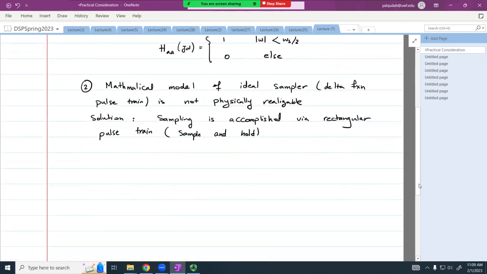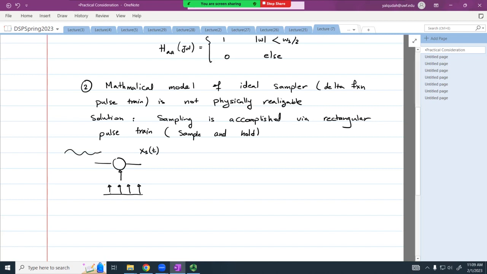What does that mean? Remember, when we looked at the sampling, how did we model the sampling? We had the continuous time signal, and then we multiplied it by an impulse train. And this gave me xs of t. So we multiply the continuous time signal with an impulse train to give me the sampled signal.